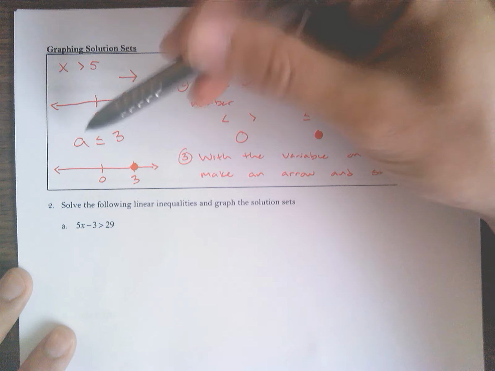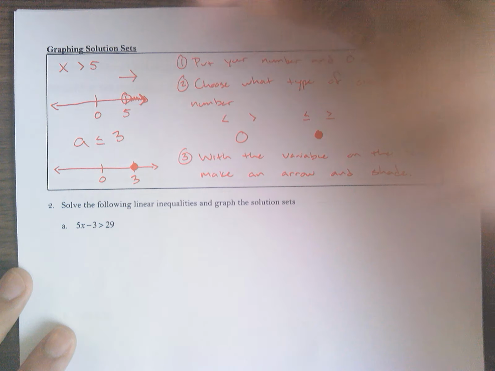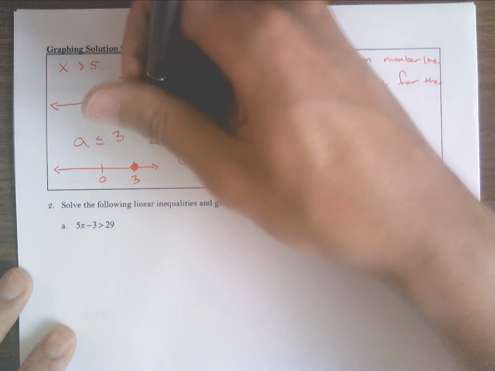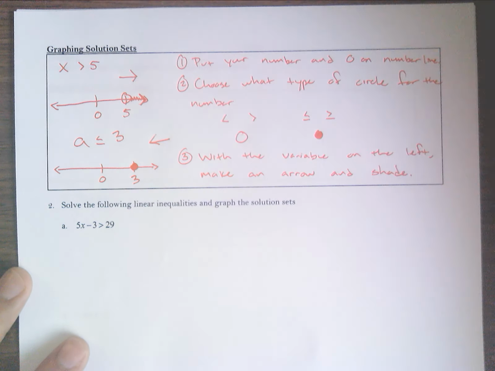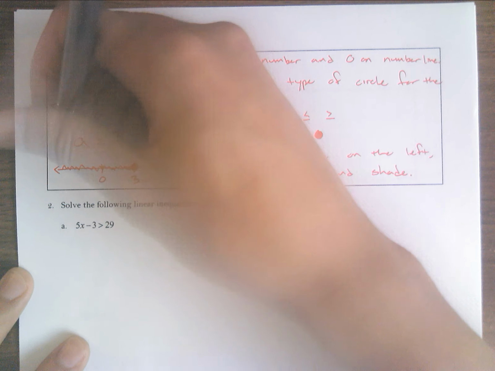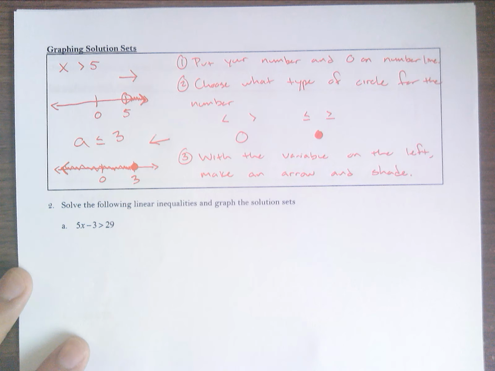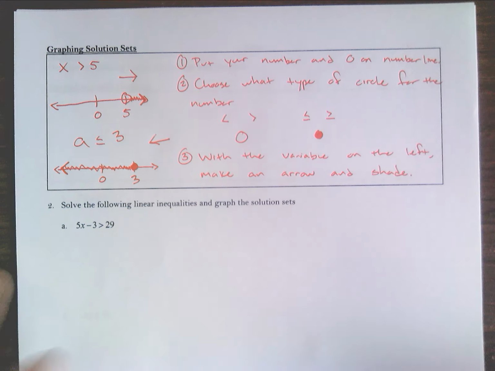Now the variable is on the left-hand side of the inequality, so let's make an arrow. This is pointing this way, so we're going to be shading to the left. So you're going to shade all the way up to the left. And then again, I want to draw an arrowhead on my shading just to show that that goes off infinitely in the left direction. So let's solve a few more and we'll graph them.